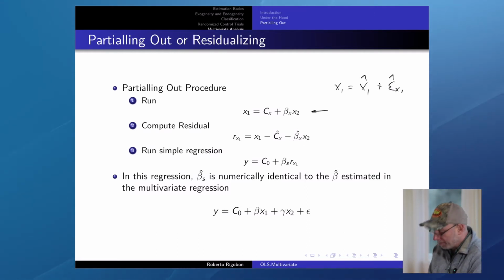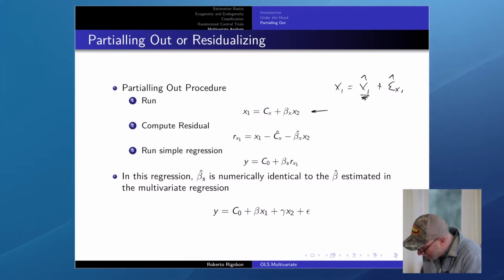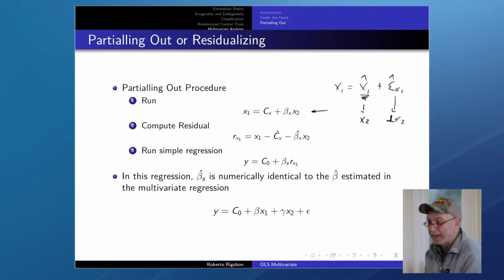And we know that because, when you run a regression, this is what you do. This part will be correlated with the x. This part will be orthogonal to the x, meaning that the covariance between x2 and that residual will be 0.